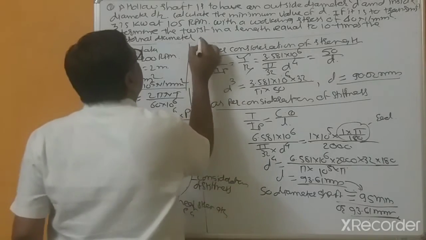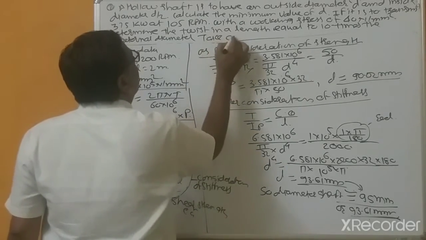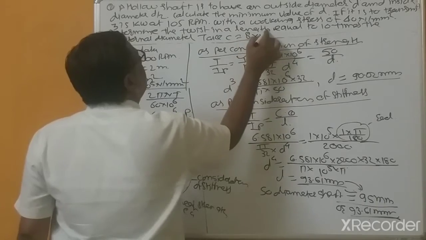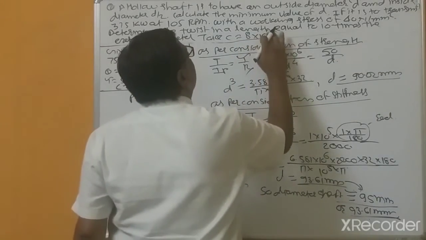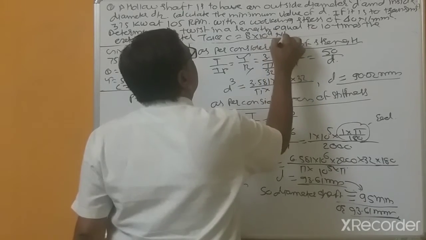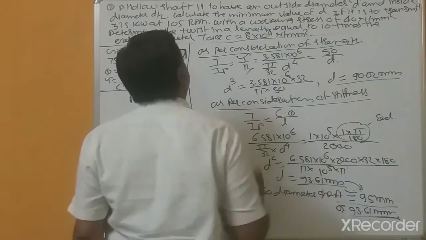Take C equal to 8 into 10 to the power 4 Newton per mm square.